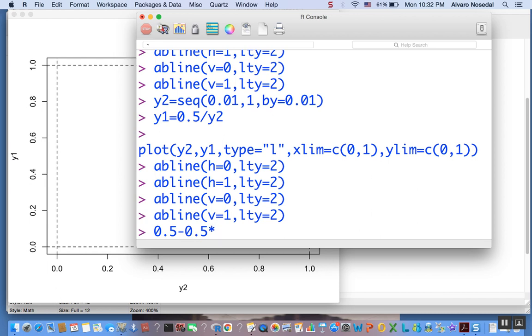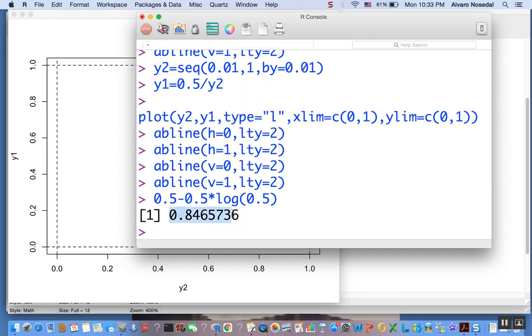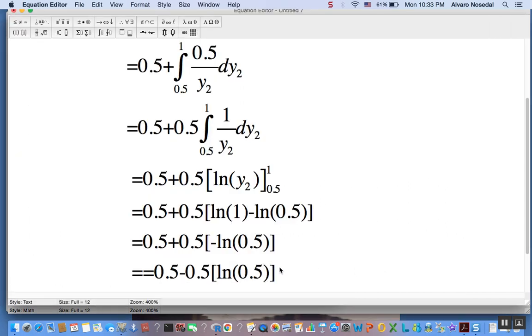If you're using R and you want to compute the natural log, just use the command log, because the default base is e. In other statistics textbooks you'll very often see just log, and we statisticians, when we write log, mean by default the natural log, not log base 10. So we want the natural log of 0.5. That's our answer. So the probability of that event is roughly 84%.